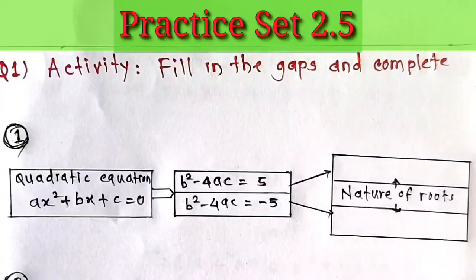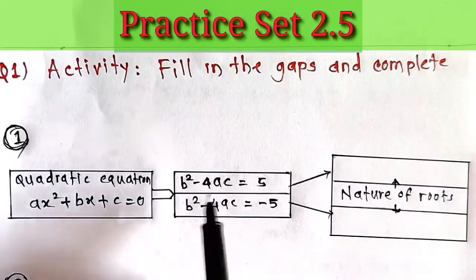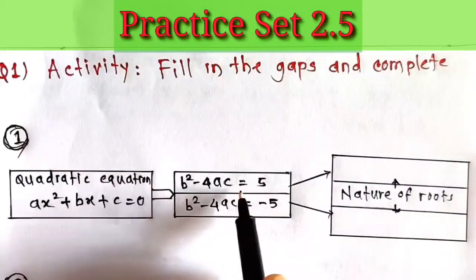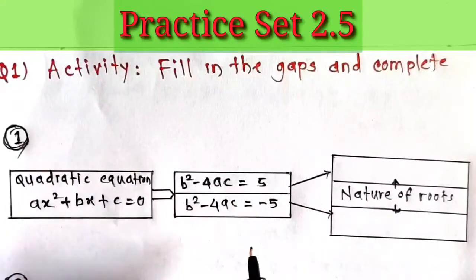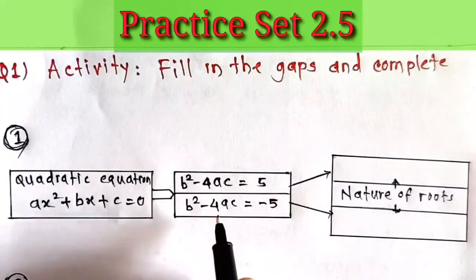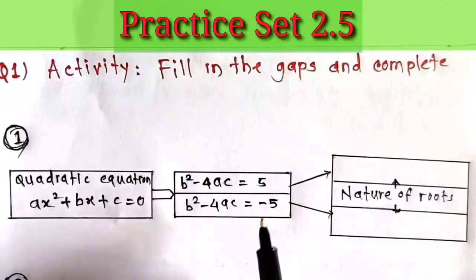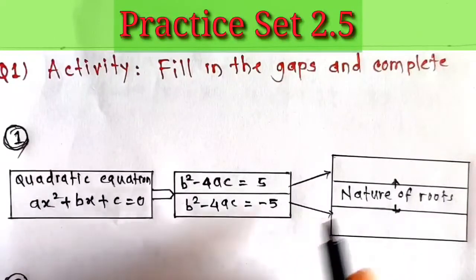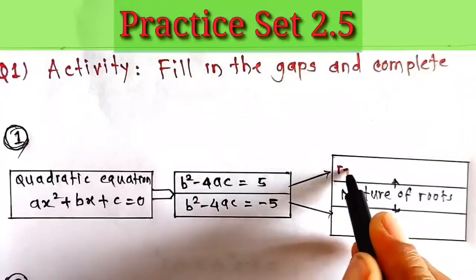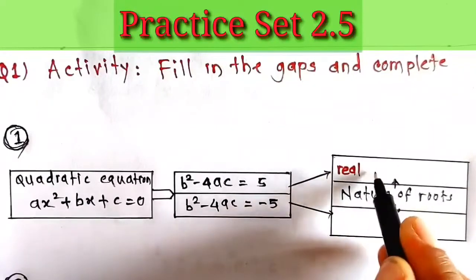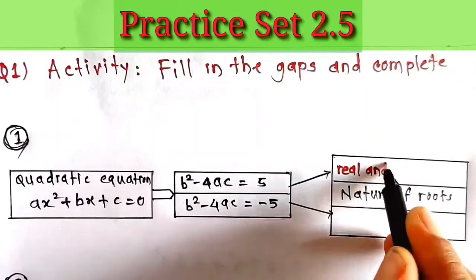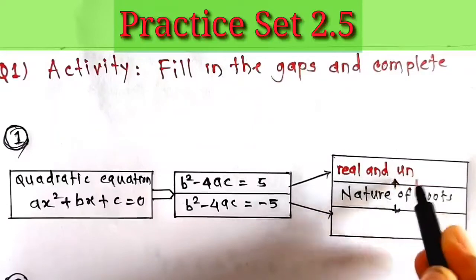So how can we write the nature? B square minus 4ac is equal to 5. 5 means it is greater than 0. Whenever the value is positive, greater than 0, the roots are real and unequal.